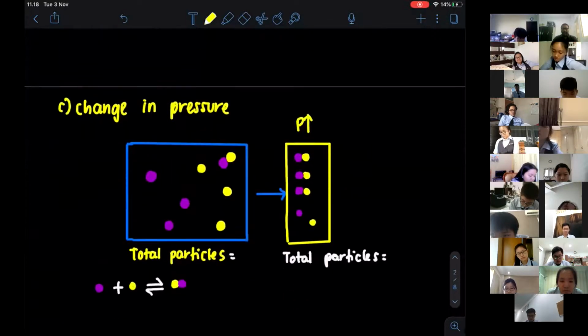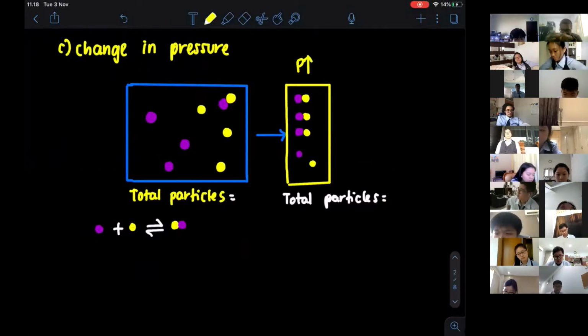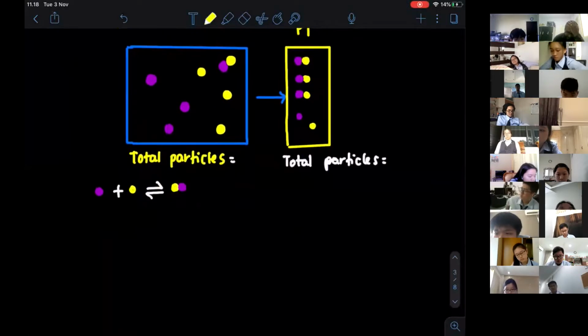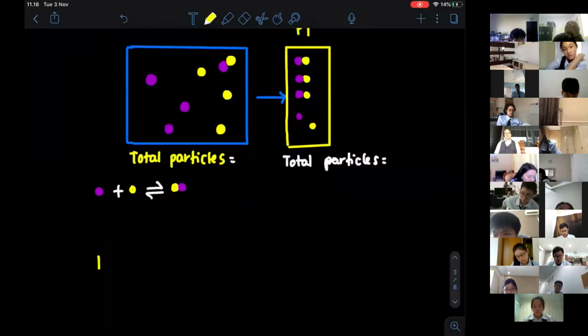So let's go for another one. Changes when it comes to pressure. Now, when it comes to these changes related to pressure, I can use the same example like just now.